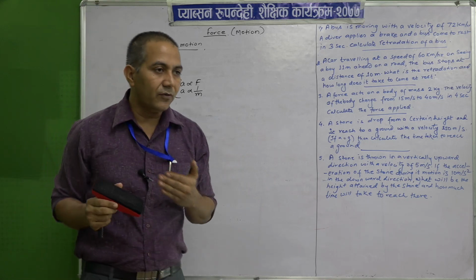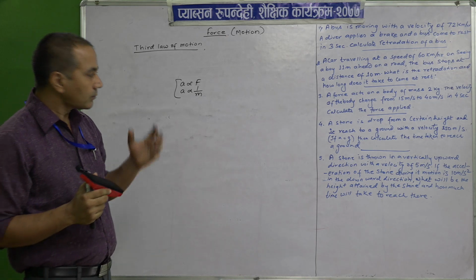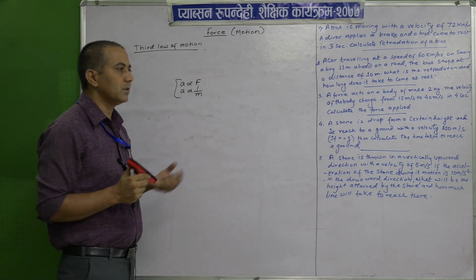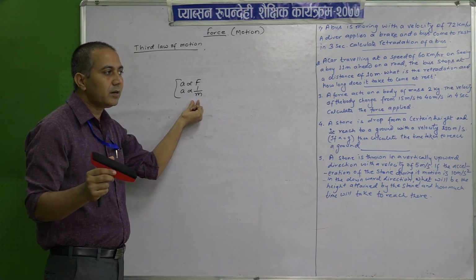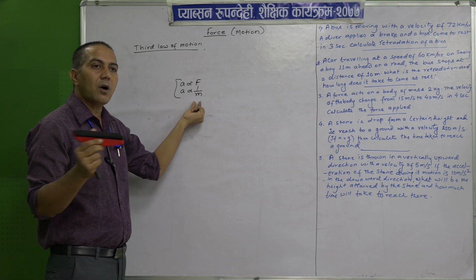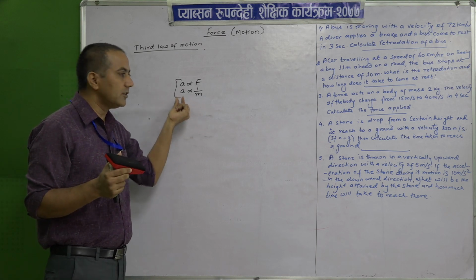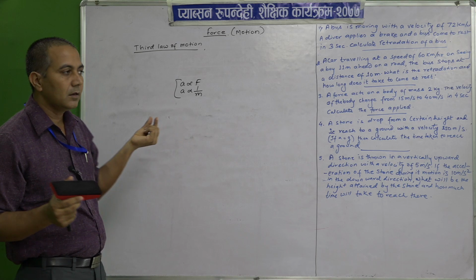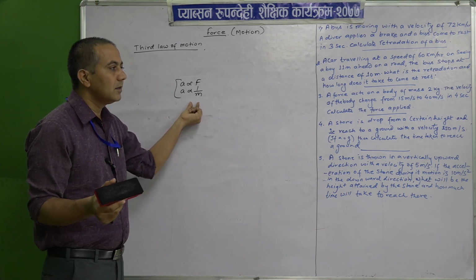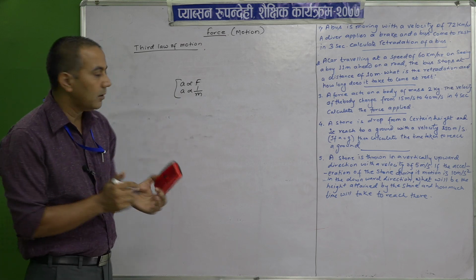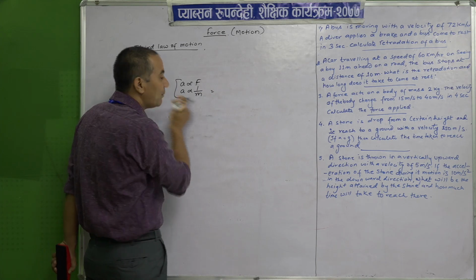Therefore, it cannot travel by our kicking it. So, that is inverse proportionality. The acceleration produced is inversely proportional means what? If the mass of the object is heavier, then its acceleration will be less. If the mass is less, then the acceleration will be more.